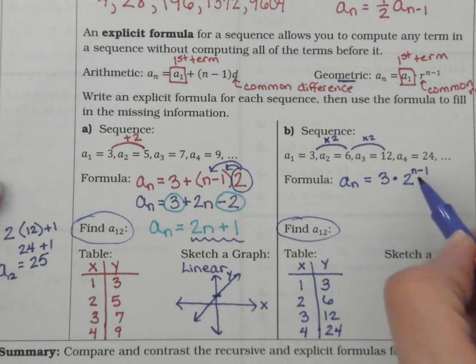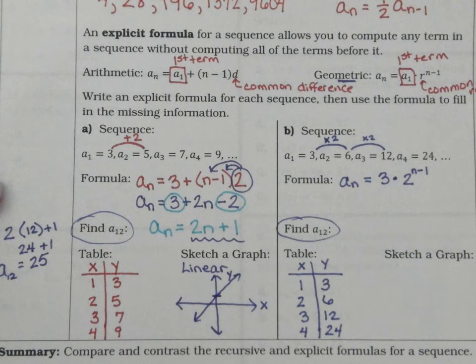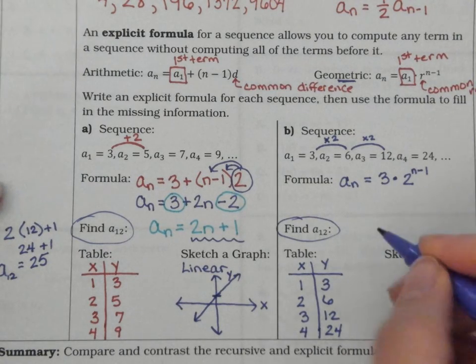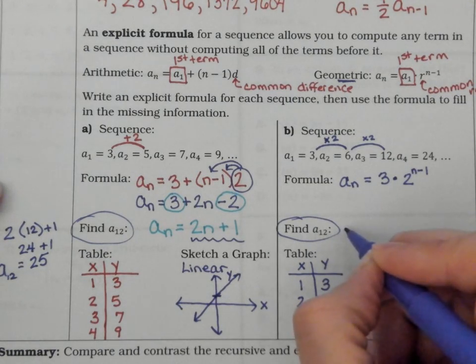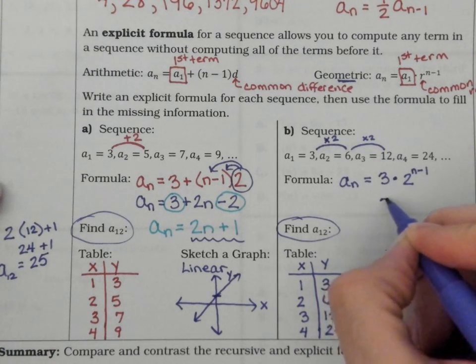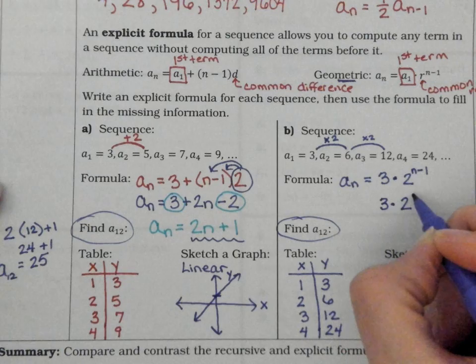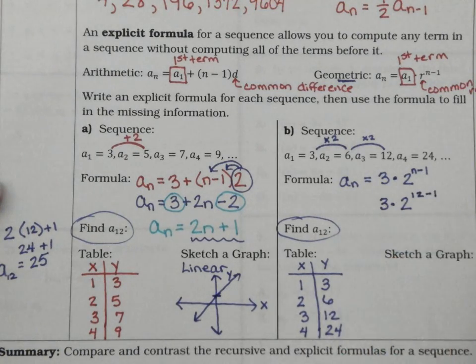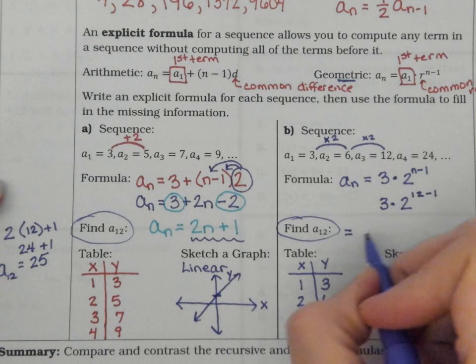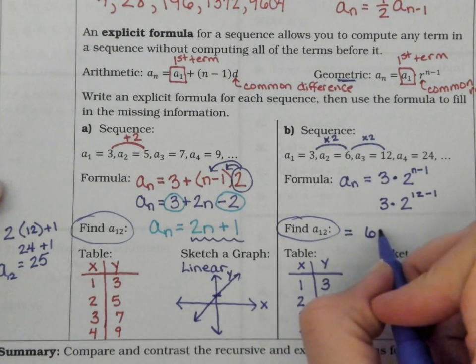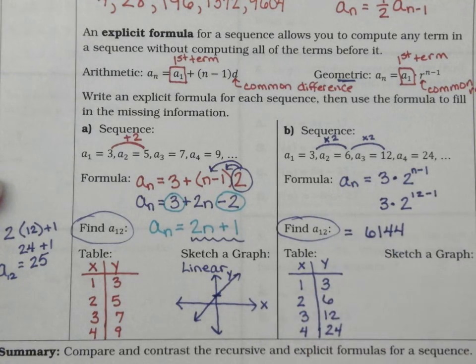And on this one, you really want to just use your calculator. So go ahead and type it in: 3 times 2 to the 12 minus 1 power. If you got 6,144, then you typed it in correctly.